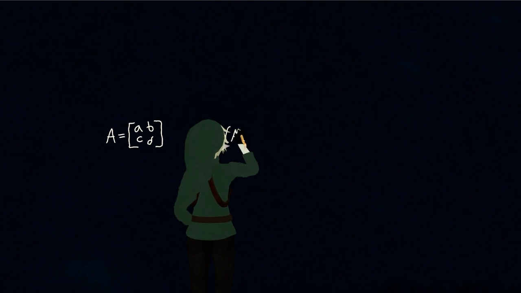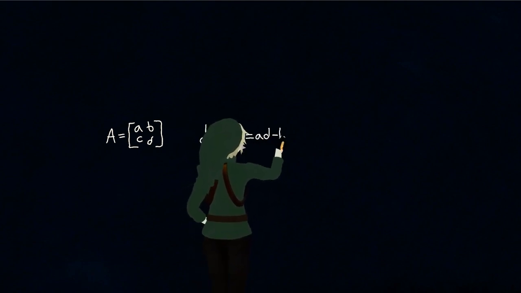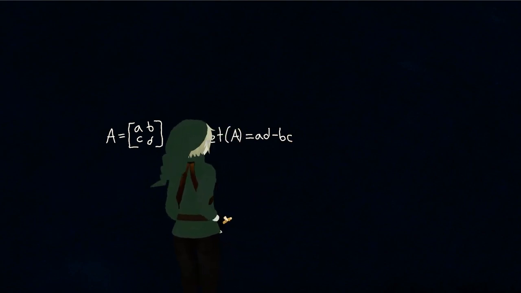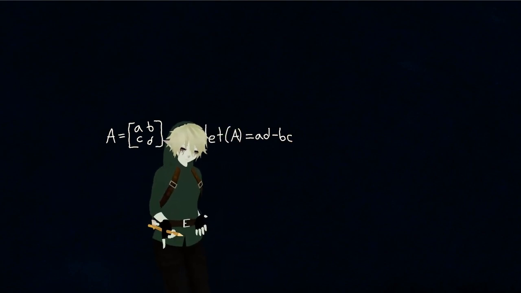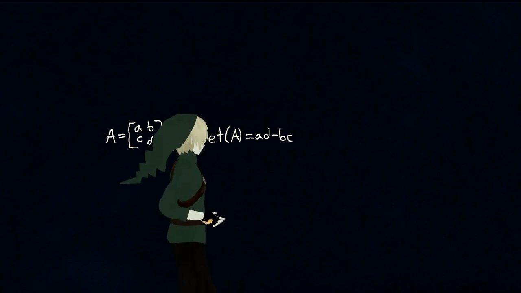Just consider this any 2x2 matrix. Remember, the determinant of A, we know what this is. This is equal to AD minus BC. I just straight up gave you the formula because it's simple.